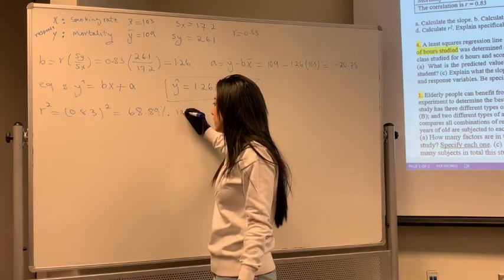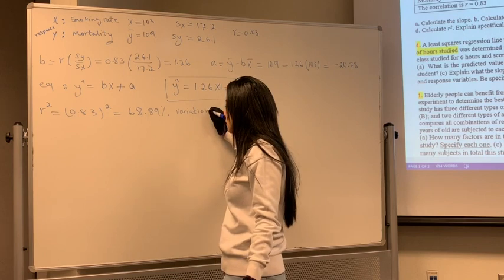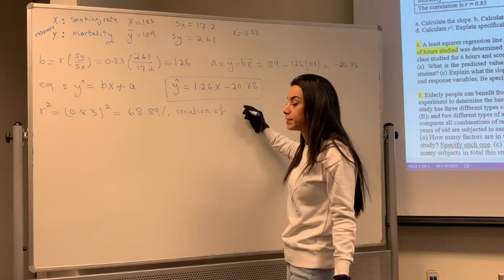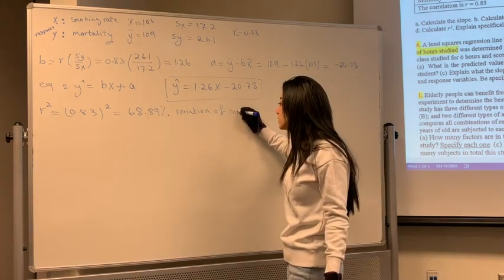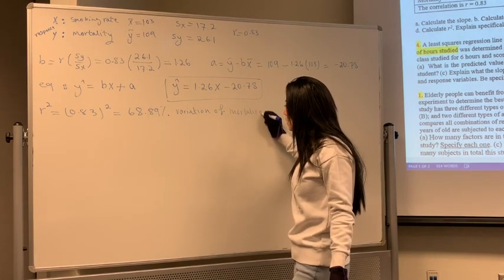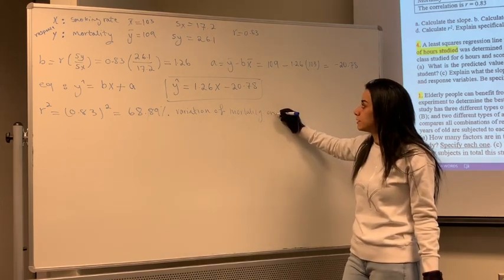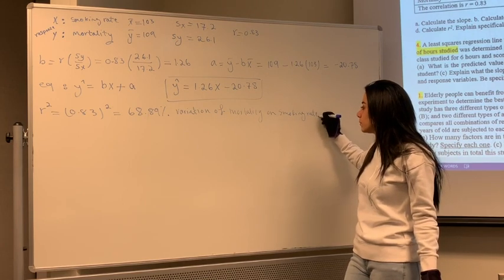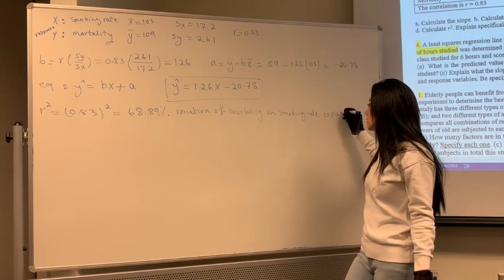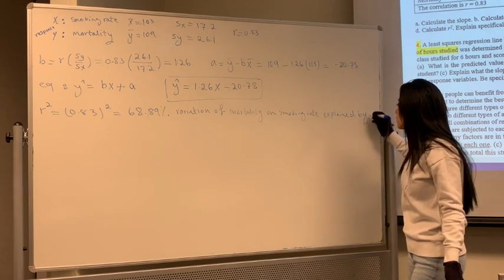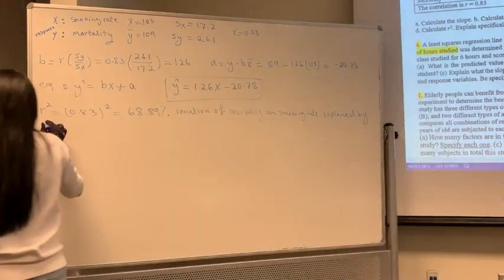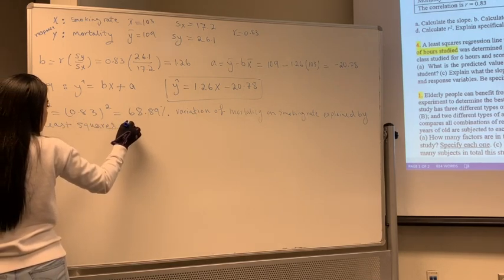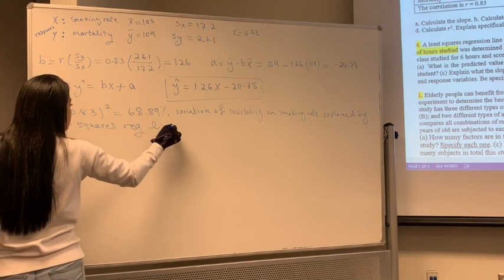This much variation of the response variable, which is mortality, on the other variable, which is smoking rate, is explained by the least squares regression line.